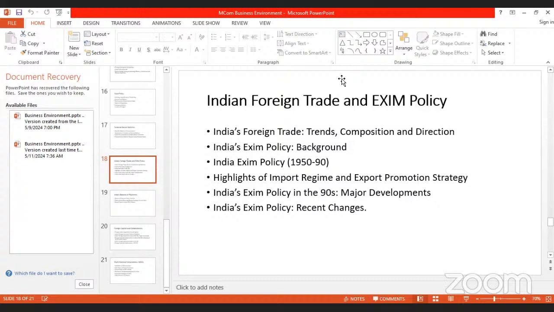So, persistent trade deficits due to high import bills compared to export earnings, especially in oil, gold, and electronic goods. So, these are the trends in Indian foreign trade.